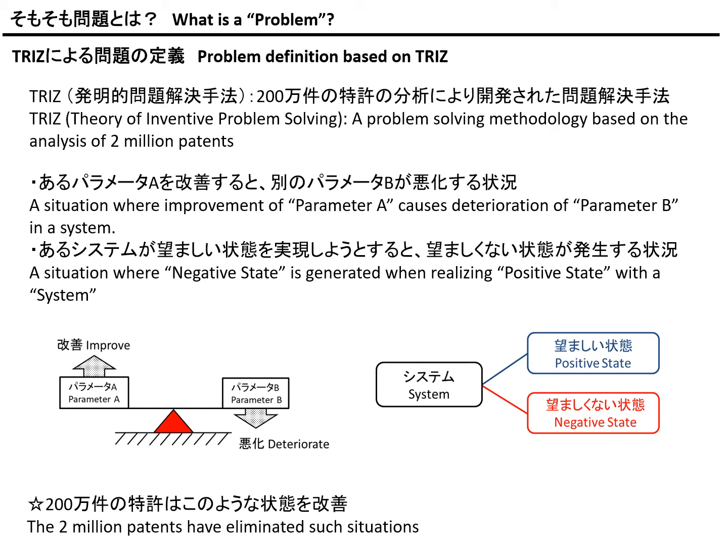What TRIZ is saying is that the 2 million patents have eliminated such situations. So this methodology clearly defines what the problem is, and also clearly defines what the solution, or what the solutions, are.